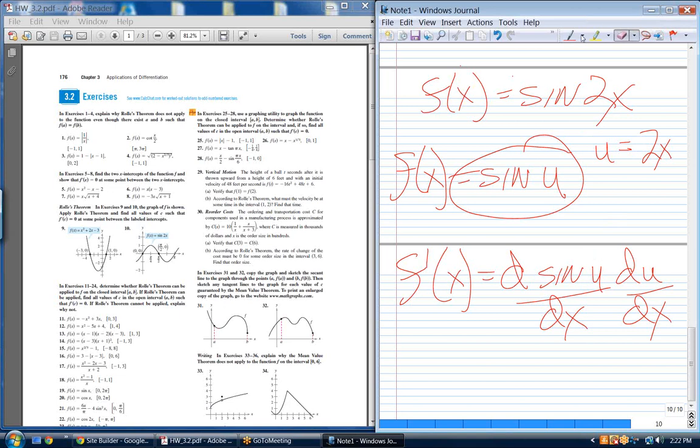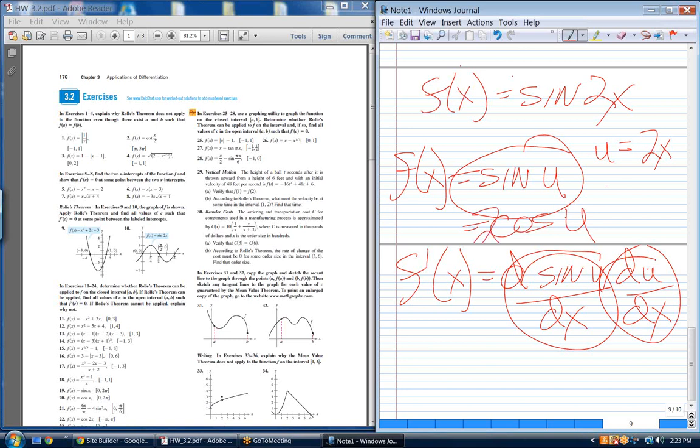This is the derivative of the outside, this is the derivative of the inside. Well, the derivative of the outside is just cosine of u, but the derivative of u is 2, so it's 2 times the cosine of 2x.